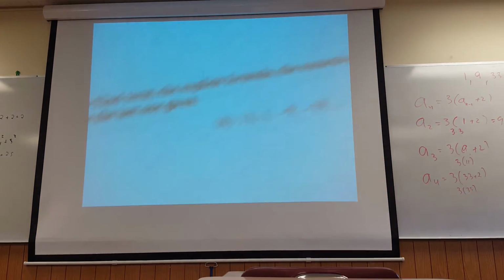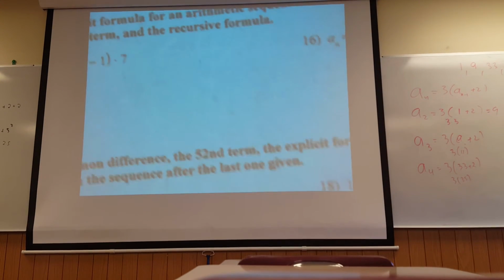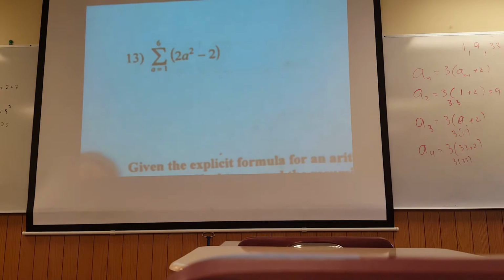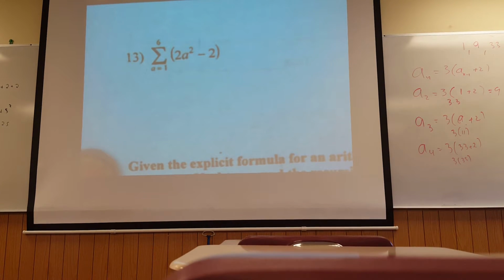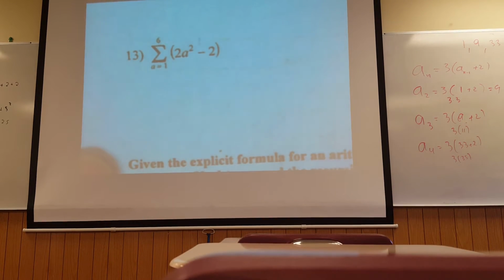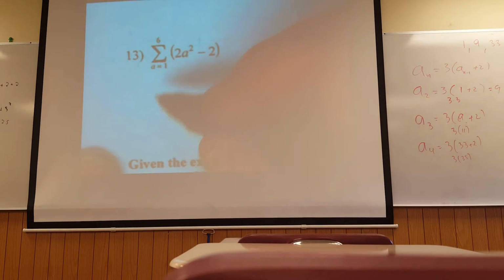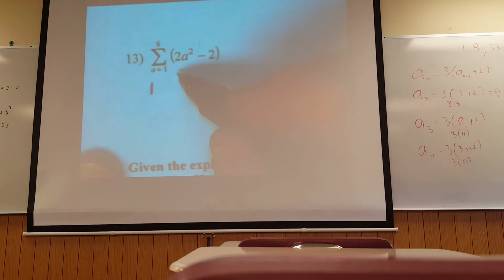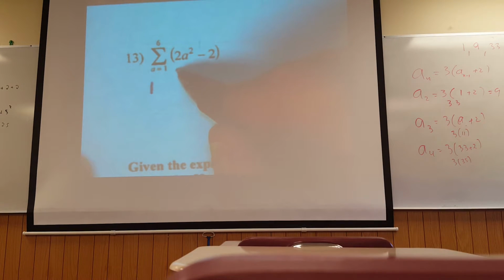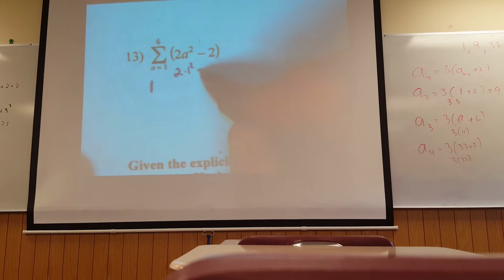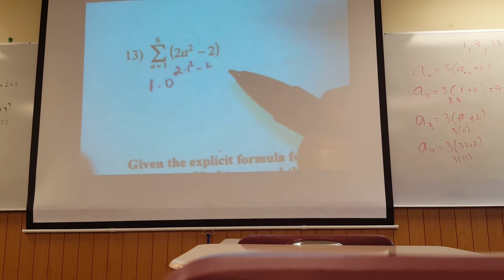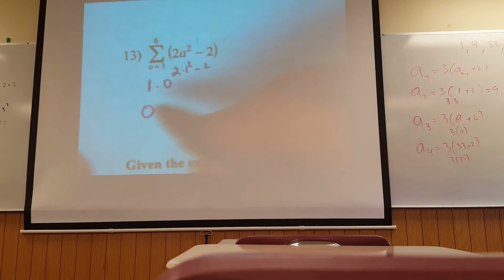All right, we have, I guess, 2 more to add up here on 13. They're almost the same. So when A is 1, you get 2 times 1 squared minus 2, which is 0. So you get 0 when it's 1.